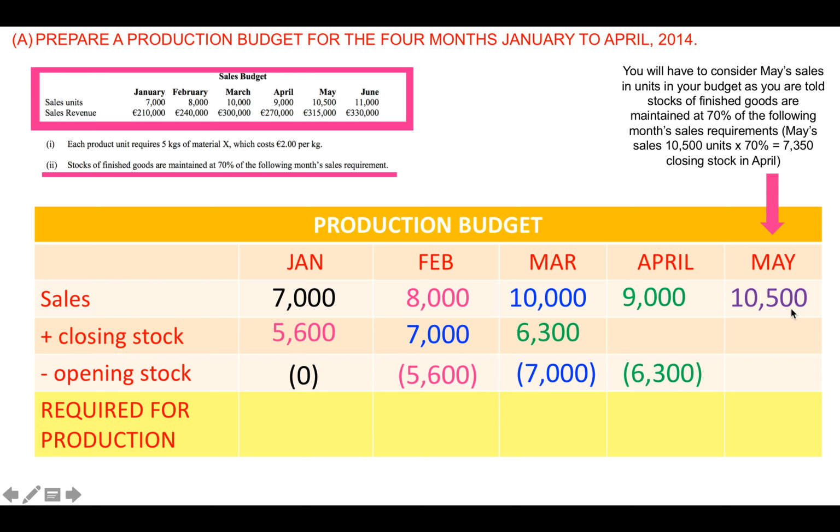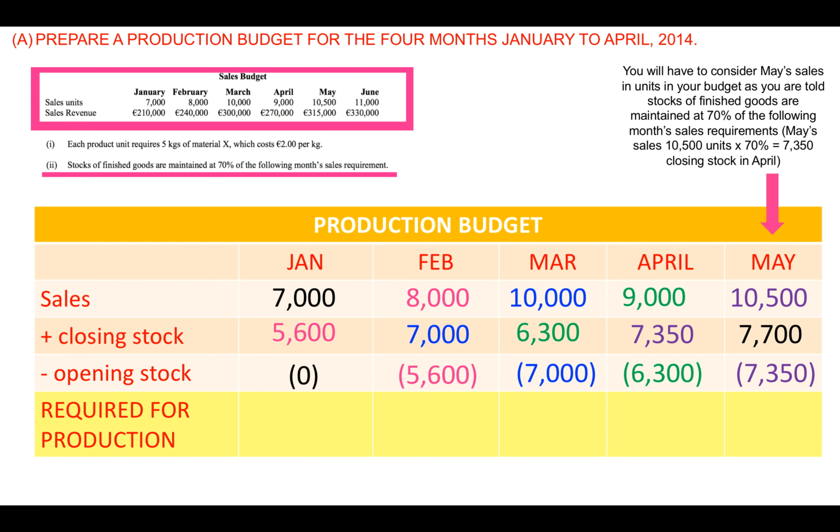Then May, 10,400 multiplied by 70% is going to be April's closing stock, which is going to be May's opening stock. And then you'll get 7,700, which is June, 11,000 multiplied by 70%, 7,700 there. And we'll just do that to get May's figures because we'll need it for part B.